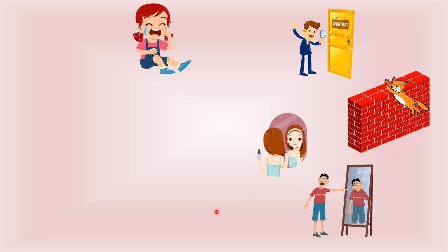So children, here we can see a few more examples on reflexive pronoun, and keep those points in mind. Here we will be checking all those 4 points. Okay. Now see here, what is the first example? She hurt herself. So children, what is the subject here? She is the subject. And what is the object here?